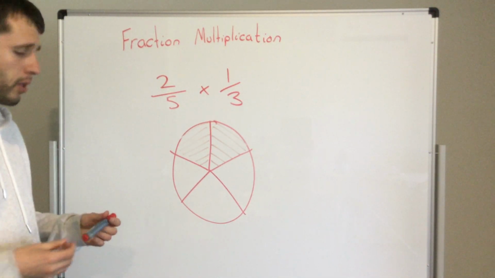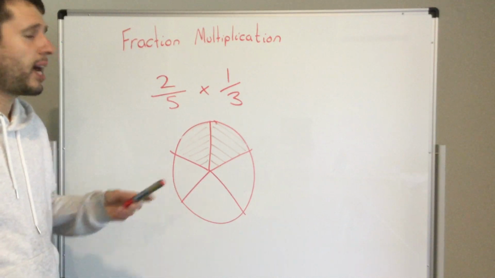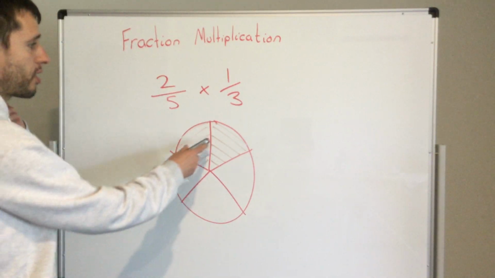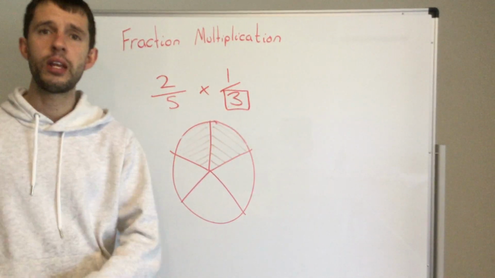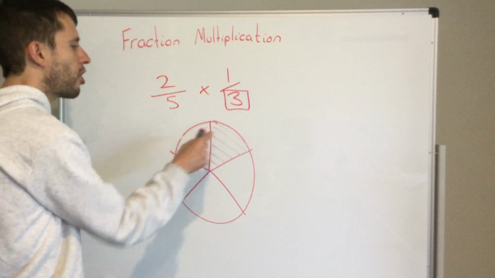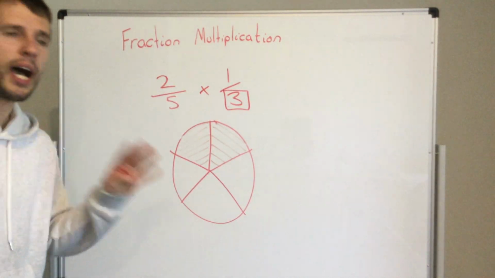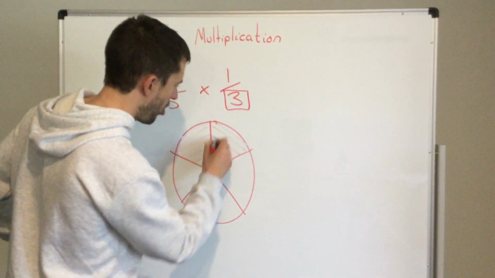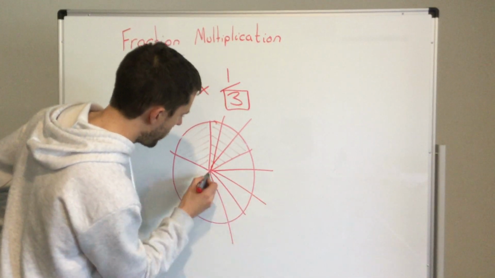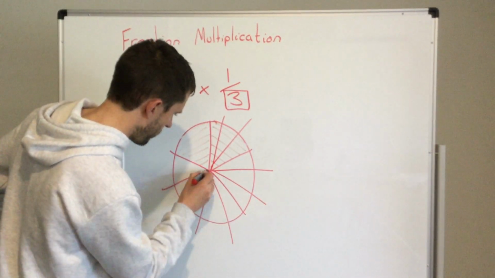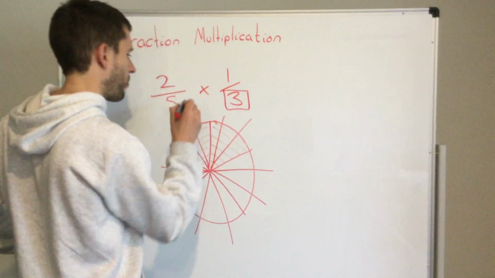The first thing I'm going to be doing is I'm going to be taking 1/3 of this. That means looking at this denominator. The denominator is 3. So each of my pieces, I'm just going to cut into 3 pieces. Sorry if I'm not as accurate with this. Awesome.